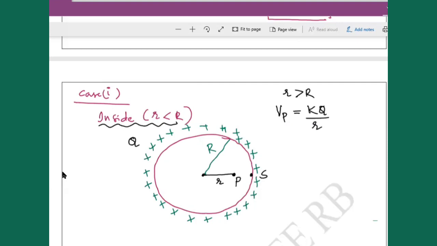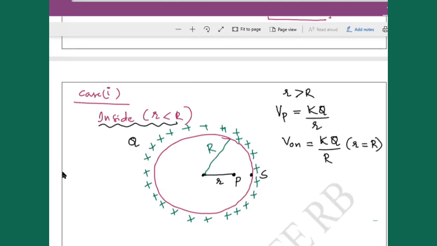On the surface, KQ divided by capital R, that is small r equal to capital R.